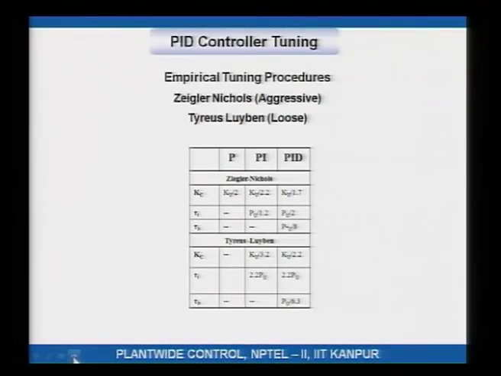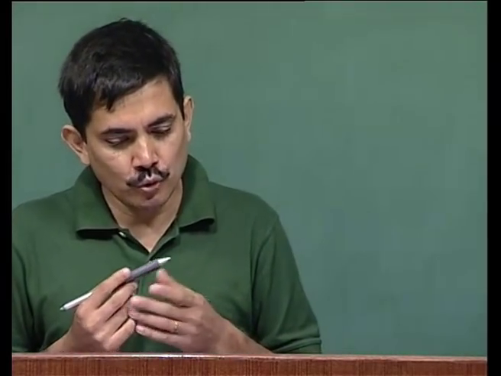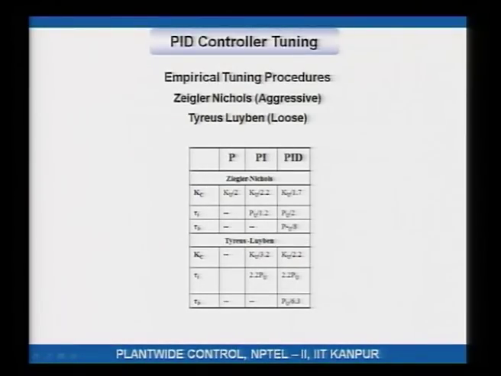Now, based on the ultimate gain and the ultimate period of oscillations, Ziegler-Nichols and Tyreus-Luyben, and there are various other, Cohen-Coon, there are various other empirical tuning procedures that use this value of the ultimate gain and the ultimate period to suggest what your controller tuning should be. So, the two most popular ones are Ziegler-Nichols tuning, which is quite aggressive, and what is very many a times used for distillation columns, Tyreus-Luyben tuning.